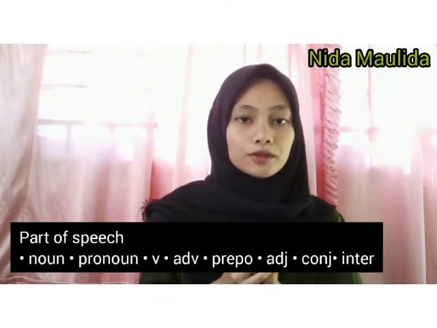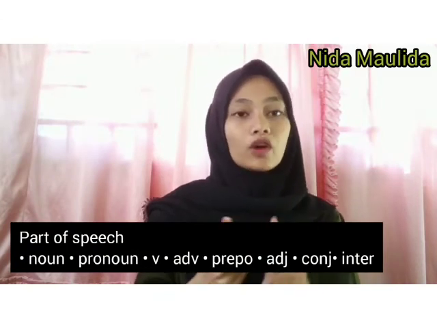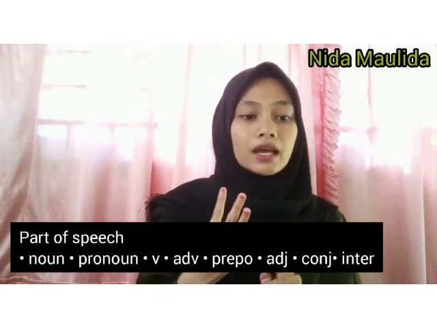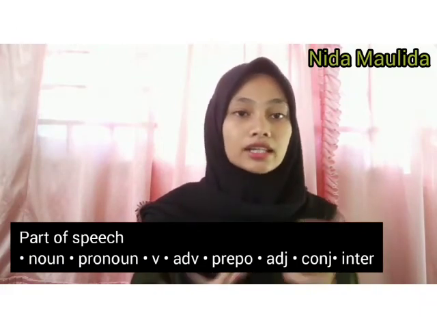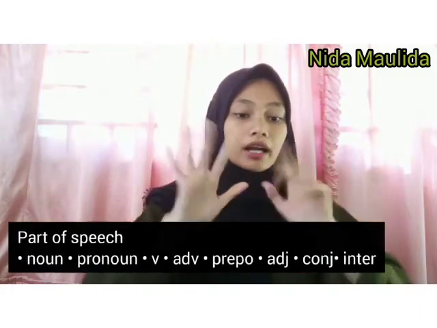An example: today we learn about parts of speech. Parts of speech include noun, pronoun, verb, adverb, preposition, adjective, conjunction, and interjection. There are 8 parts. So we can make a formulation, for example an abbreviation like "prefonavasi".